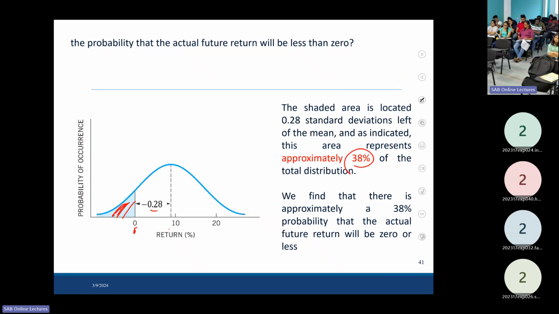Yes. The shaded area is located 0.28 standard deviations left of the mean. So it indicates approximately a 38% probability. There is 38% of the distribution, so there is a 38% probability your return is going to be less than 0.